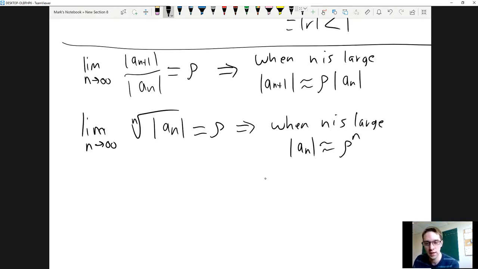And so our terms again behave like some sort of geometric series where rho takes the place of our ratio.